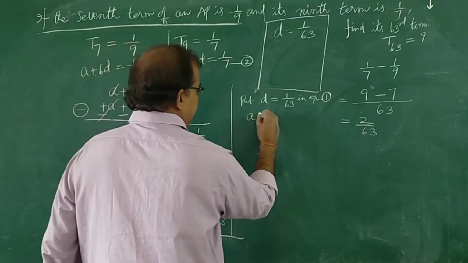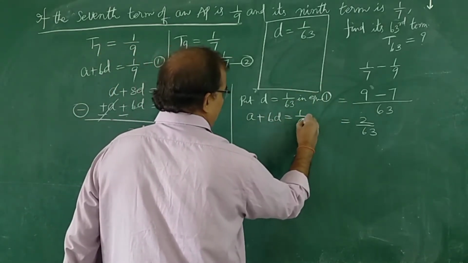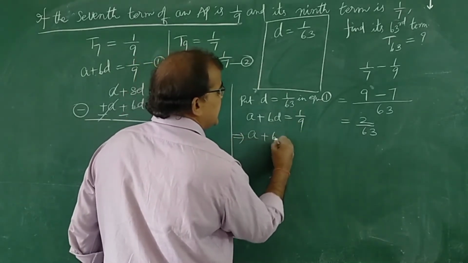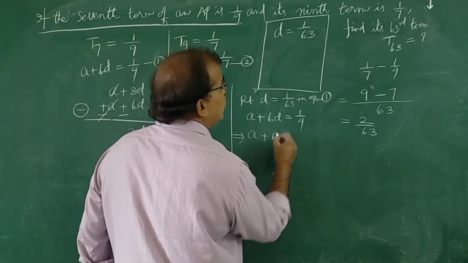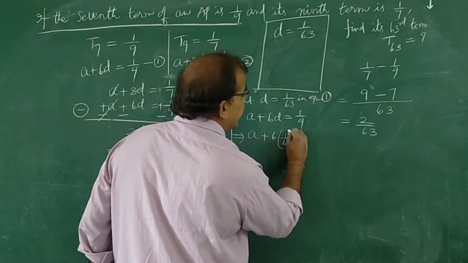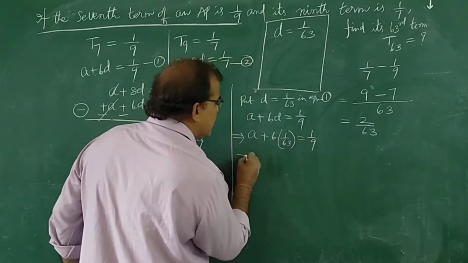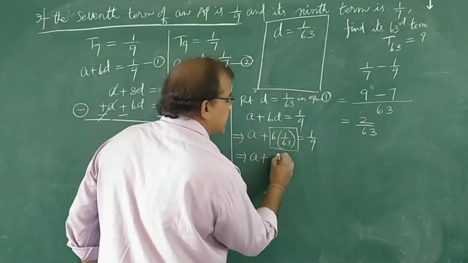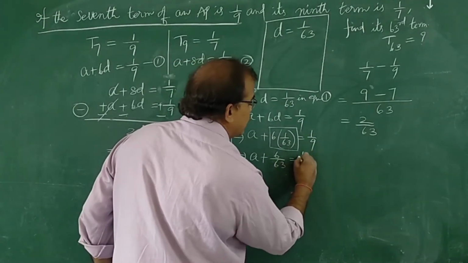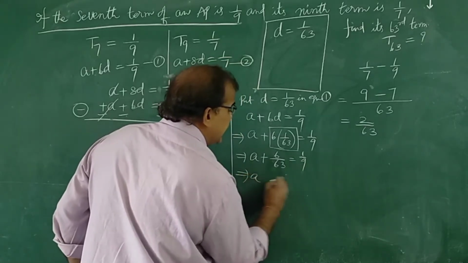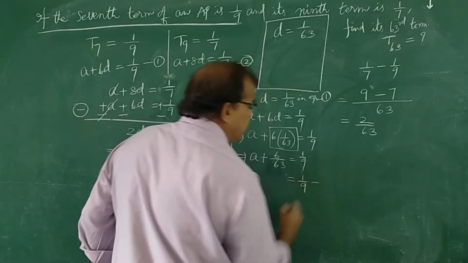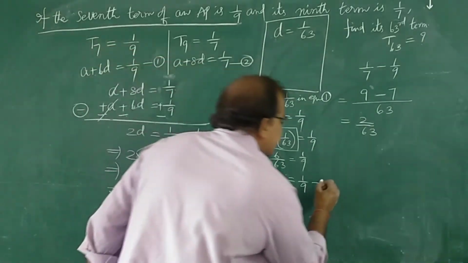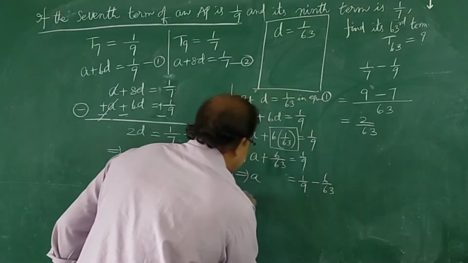Then A plus 6 into 1 by 63 is equal to 1 by 9. Multiplying these two, A plus 6 by 63 is equal to 1 by 9. That implies A is equal to 1 by 9 minus 6 by 63.